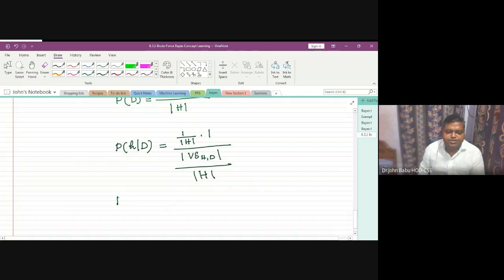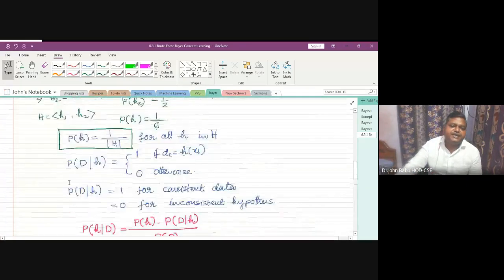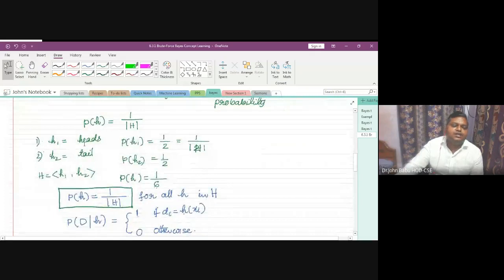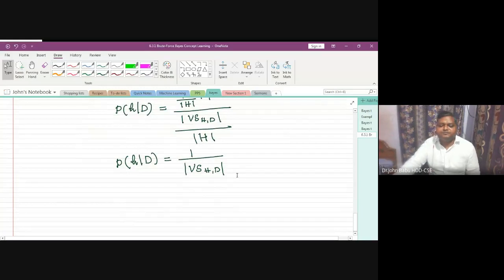So probability of hypothesis given D is equal to 1 by version space of HD. All the candidate consistent hypothesis లో ఒకటి. ఇక్కడ మనకి కన్సిస్టెంట్ హైపోథసిస్ అండ్ ఆల్ ద సేమ్ కాబట్టి మనకి ఇక్కడ 1 by H వచ్చింది. బట్ హియర్ దెర్ ఇస్ అ వర్షన్ స్పేస్, కన్సిస్టెంట్ హైపోథసిస్ స్పేస్.